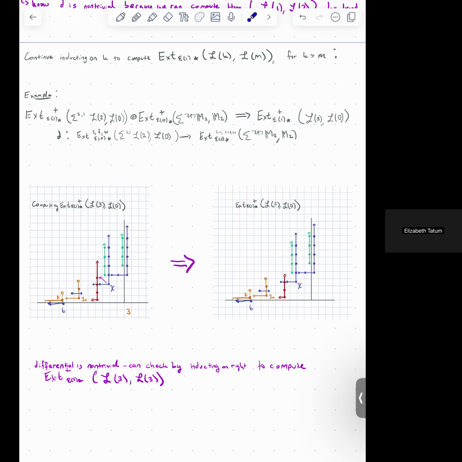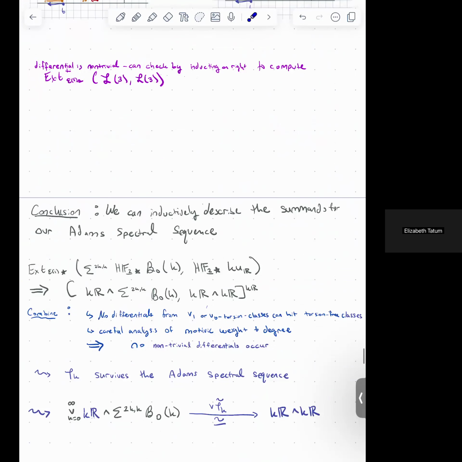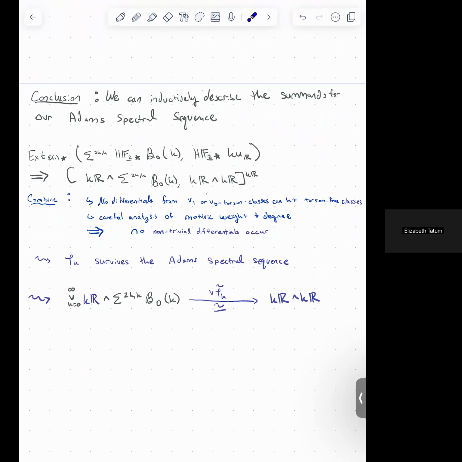Suppose that this differential was trivial, then you could try inducting on the right-hand variable to get back up to x of L of 3, L of 3. We already know what that is. And that's enough to tell us this differential has to be non-trivial. And so you're left with this. That's just a cartoon of how we do these computations.